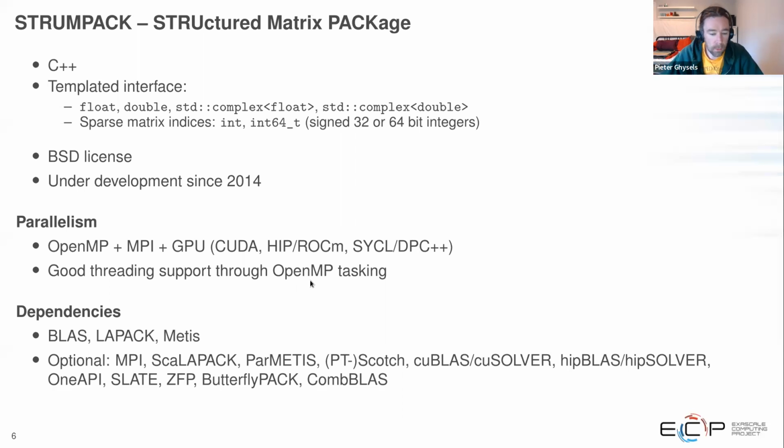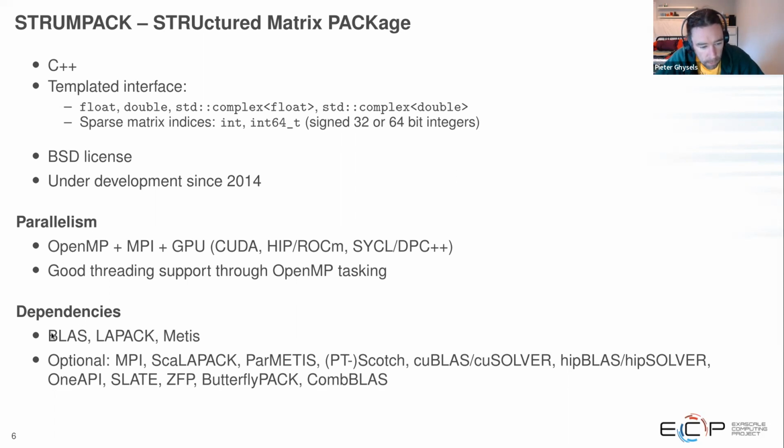This really helped us to exploit the multiple levels of parallelism in the code, because the algorithms in STRUMPACK are quite complicated, and we have sometimes up to 3 levels of nested parallelism in the algorithms. And by recursively spawning tasks within tasks, we get good scalability within a node using OpenMP.